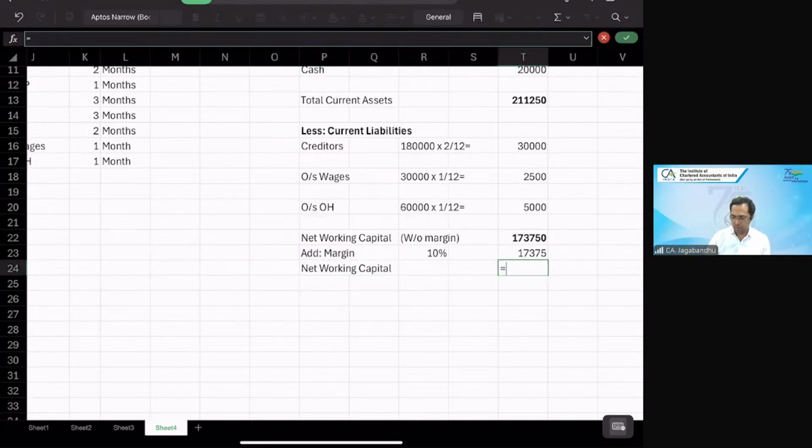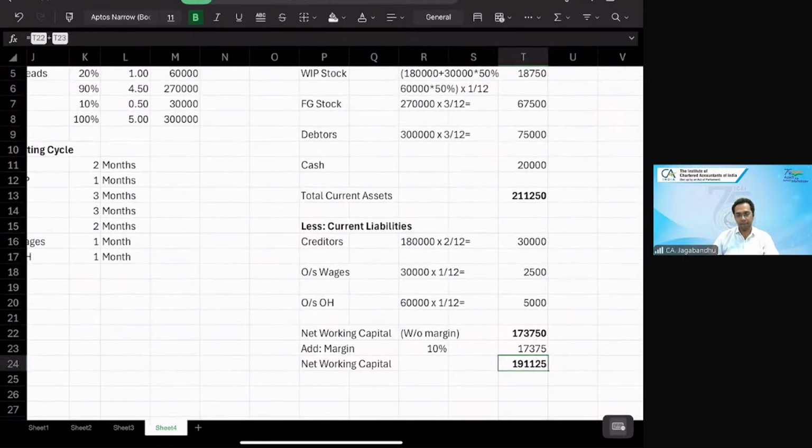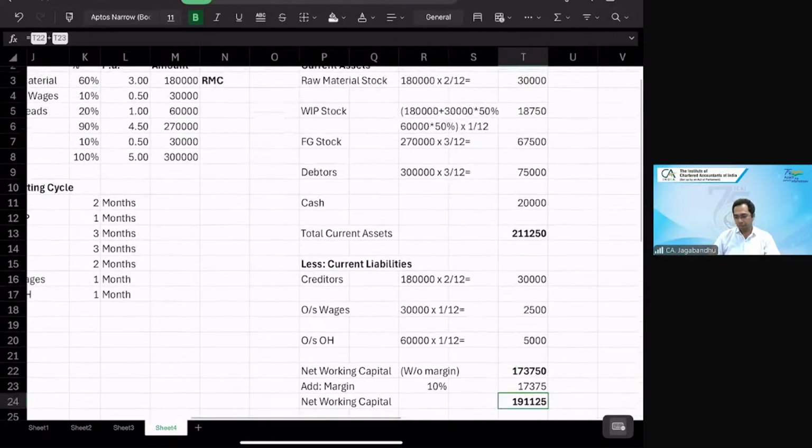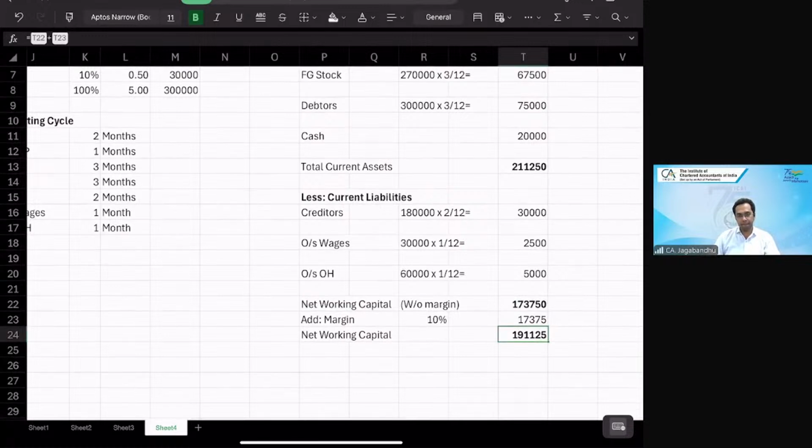Right. So final net working capital will be just addition of these two, which is 1,91,025. This is with a margin, right?